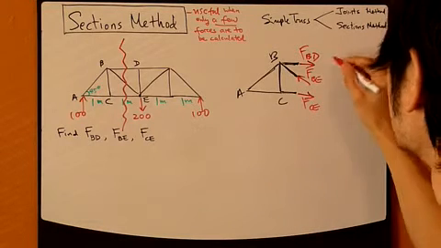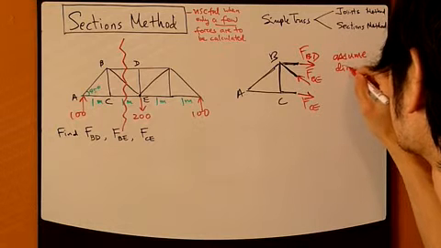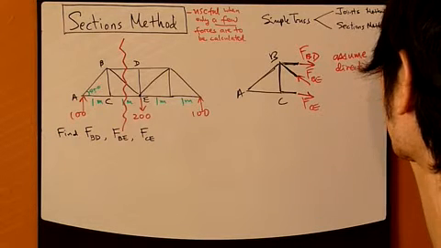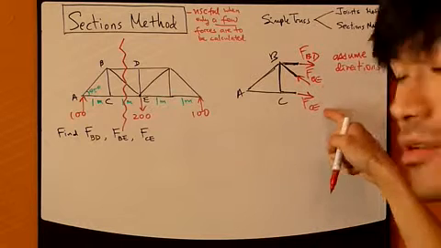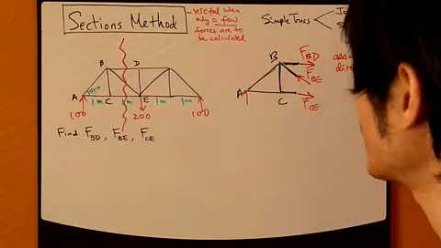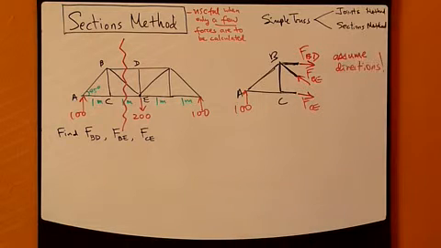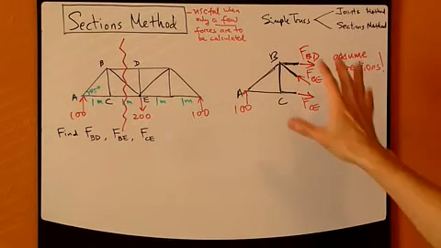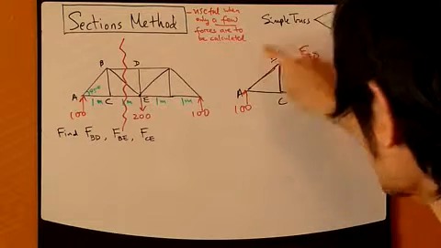I'm just going to assume direction. Okay? Alright, so these three are the unknowns. And I have this guy right here. This is 100. I do know that. And that's it. This is your free body diagram for this whole structure.